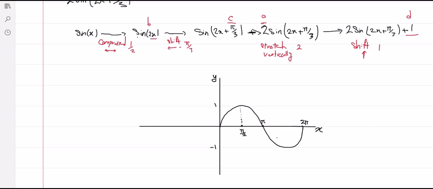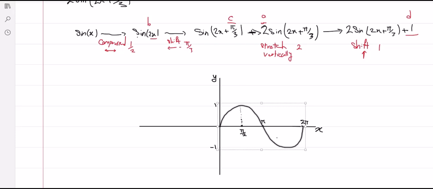So now we want to draw sine of 2x from this fundamental function. As you remember, the second step is sine of 2x. Now, in order to draw this graph, we should compress the function horizontally by the factor of 1 over 2. That means we should divide each of the values of x in here by 2. So if I, for example, divide 2 pi by 2, it would give me pi.